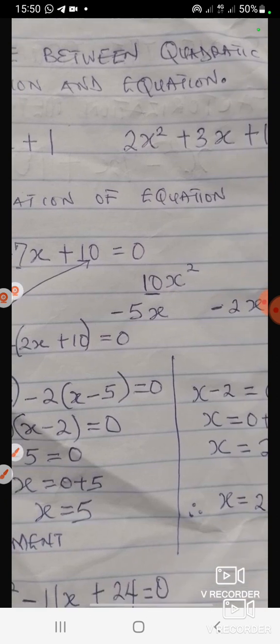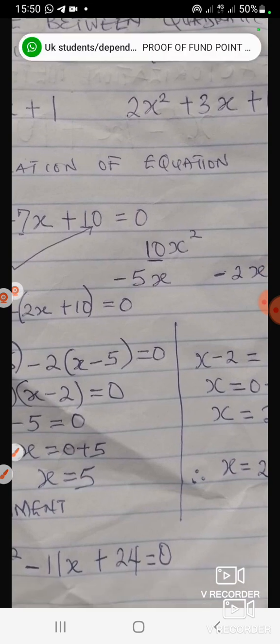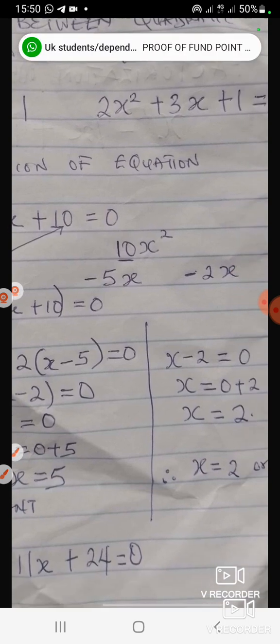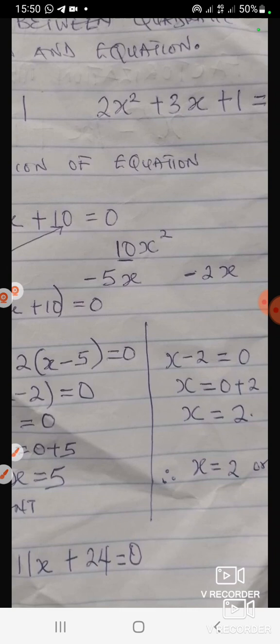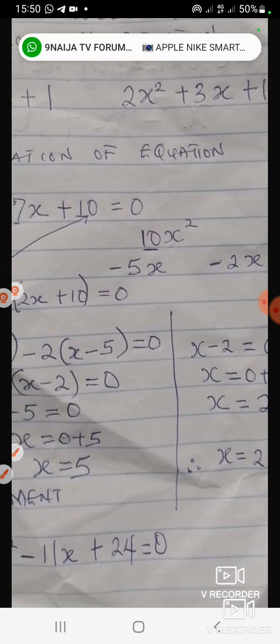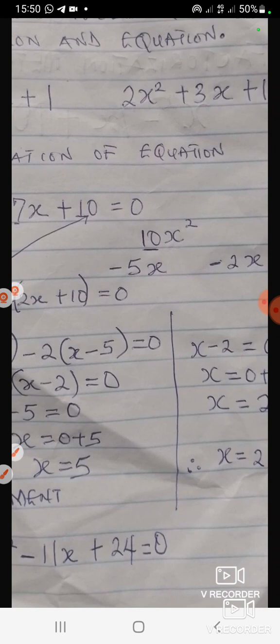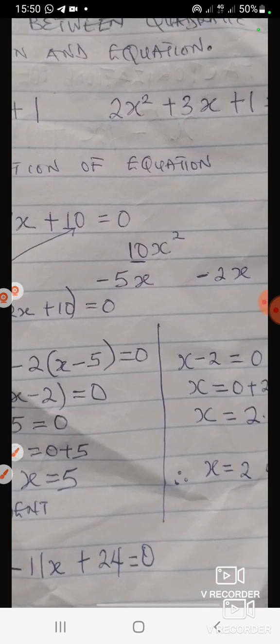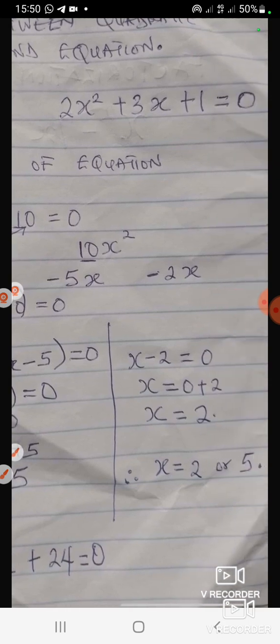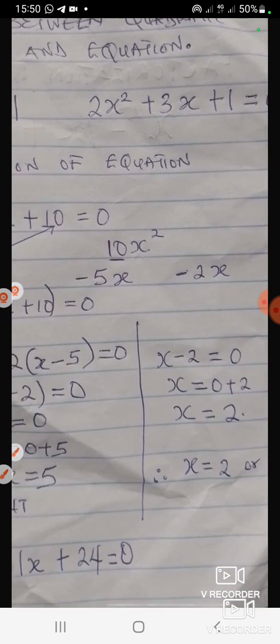10x squared. Now that x squared, you'll be having x in two places, so you split it, then 10 is a number that you think of two factors. This time around we look at 5 and 2, so 5 times 2 will actually give you 10, and x times x will give you x squared.